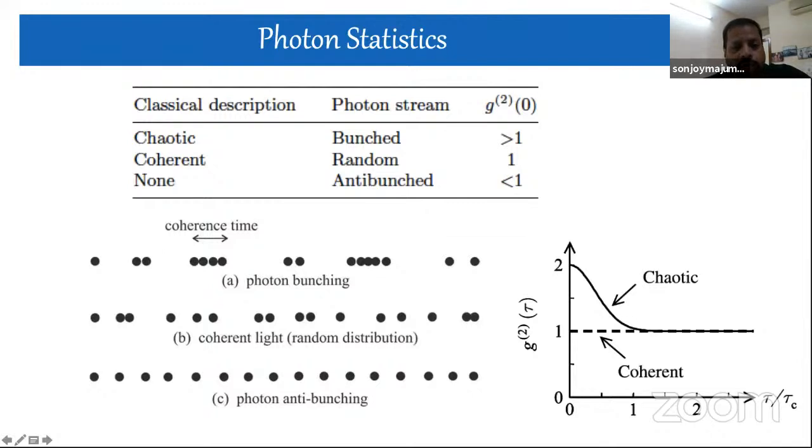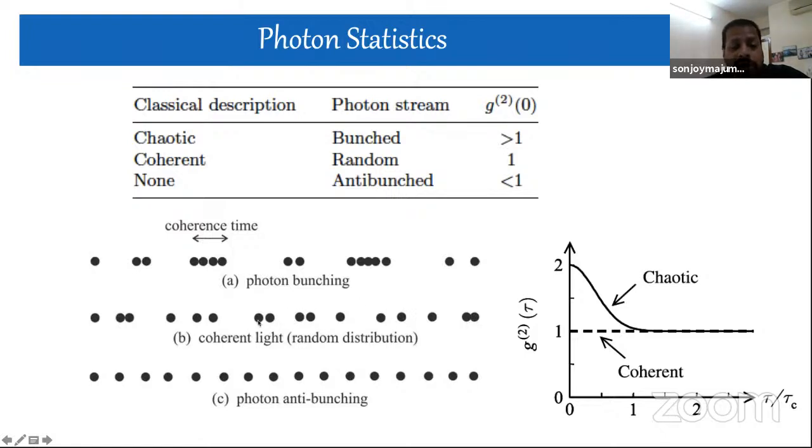And in the second one, you see here 1, here 2, here 1, so there is some kind of closeness in this distribution, but they are still coming in a very random way. They have some kind of systematization, but the random signature is still very much there. So that can be understood as coherent light.